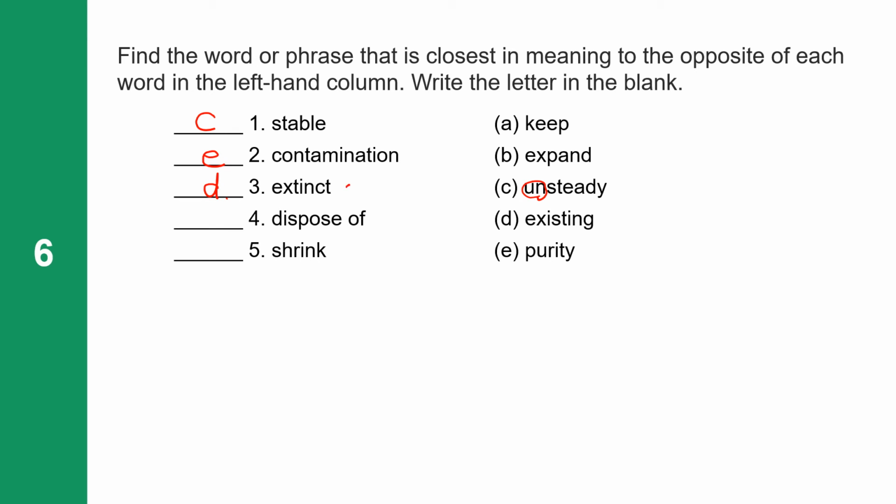Next one, extinct. Extinct means disappeared, but things exist, so D is going to be the answer. They both are adjectives. Extinct, existing. Number 4, dispose of. Dispose of means to get rid of, to throw away, and then the opposite is going to be to keep. Dispose of and keep. Number 5, shrink.